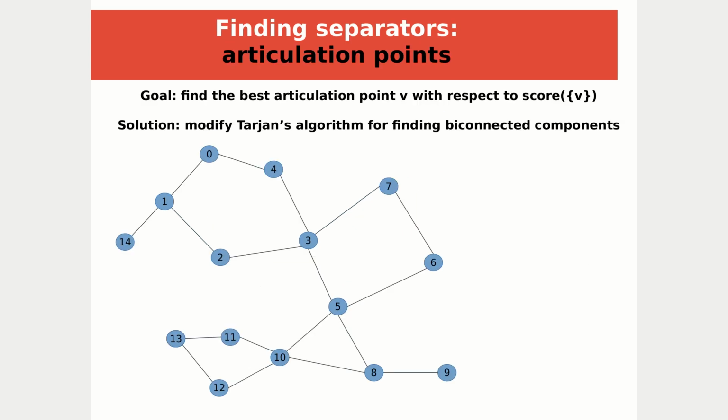Okay, now we go to finding separators. The first method is the articulation point method. It's based on looking for an articulation point in the graph, and it is mainly used for creating treedepth decompositions of cactus graphs found during preprocessing. We use and modify Tarjan's algorithm for finding biconnected components.